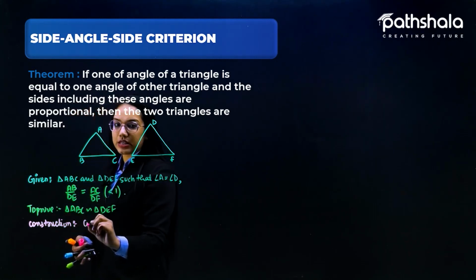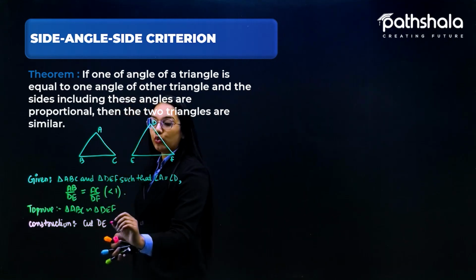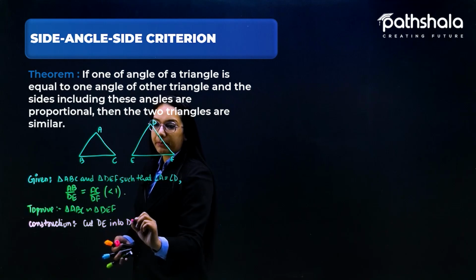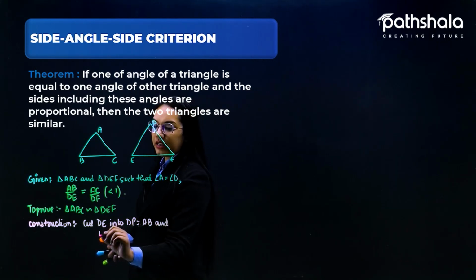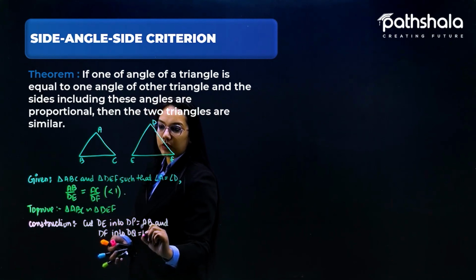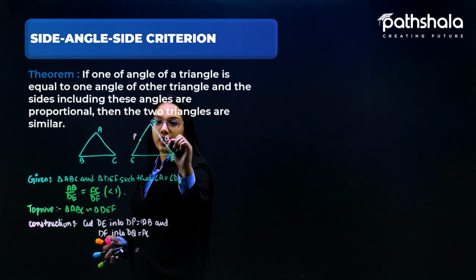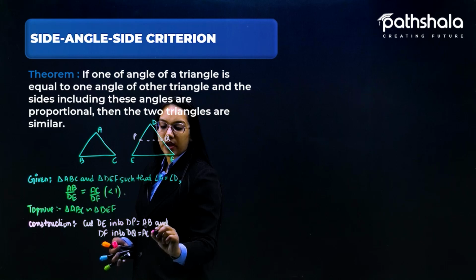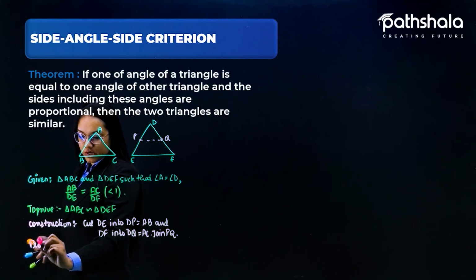The construction says cut DE into DP, which is equal to AB, and DF into DQ, which is equal to AC. So I'm taking the two points P and Q here, and further I'm joining them, join PQ. So let's start the proof.